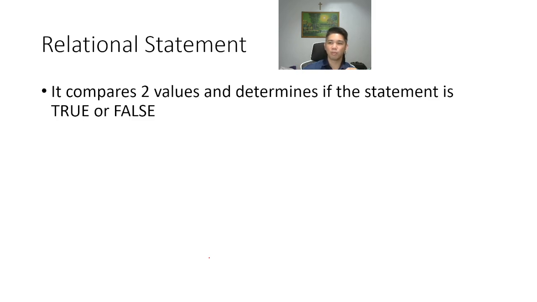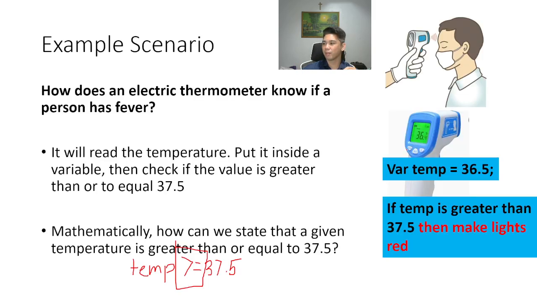So going back to the example, our temperature has a value 36.5. 36.5 greater than or equal to 37.5 is actually false.